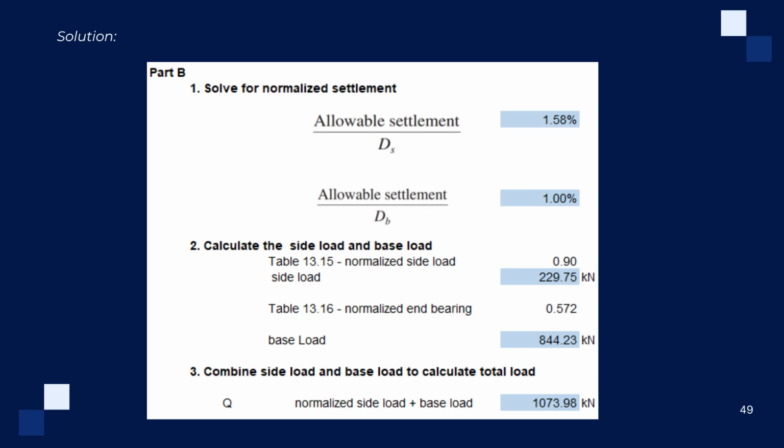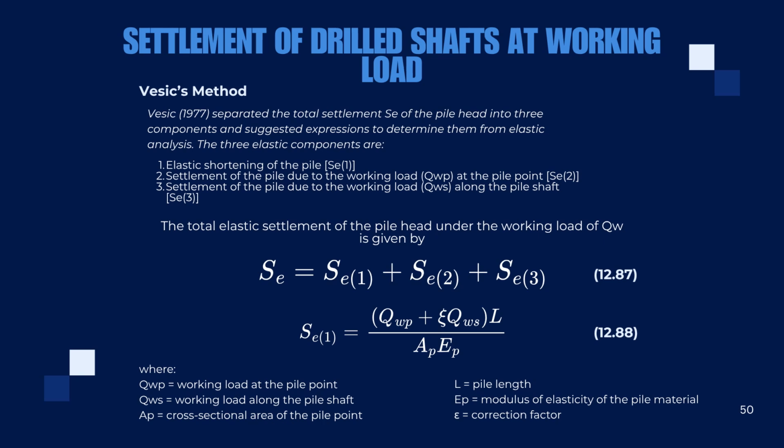Then, we need to combine side load and base load to calculate the total load. Normalized side load plus base load is equal to 1073.98 kilonewton.